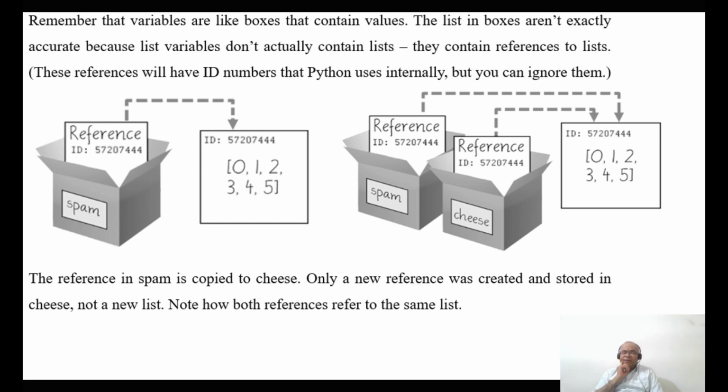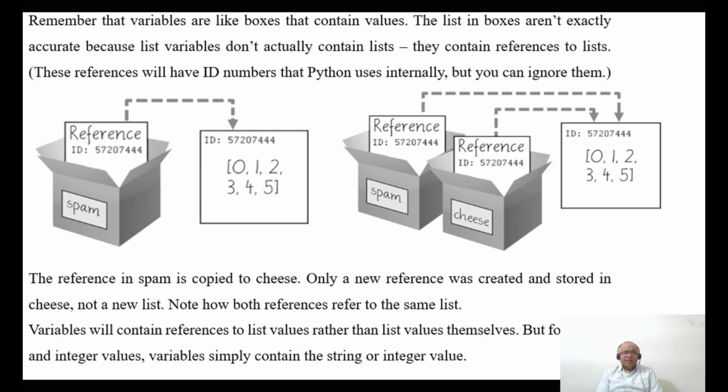The reference in spam is copied to cheese. Only a new reference was created and stored in cheese, not a new list. Note how both references refer to the same list. That is what we have shown here. These are the reference numbers, for your reference. So once you are copying, it is not copying the values, it is referring to the spam reference.